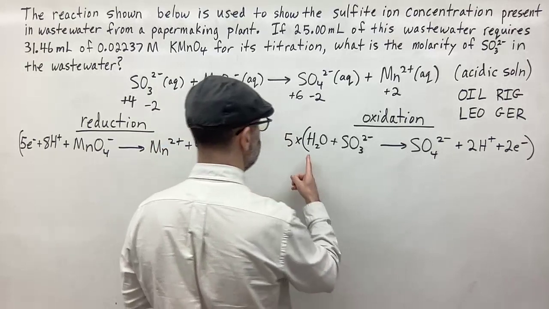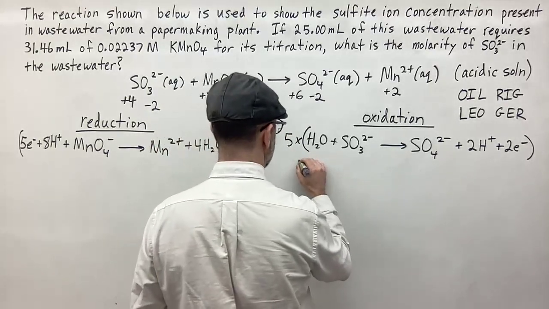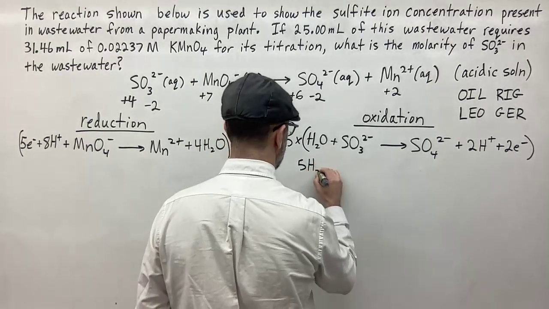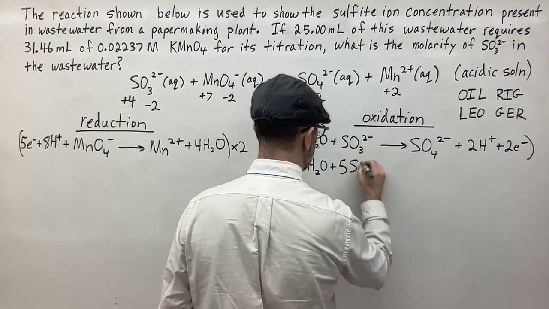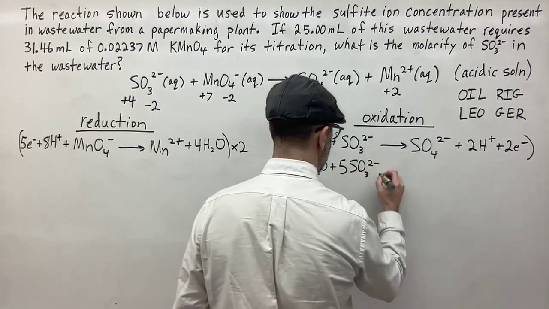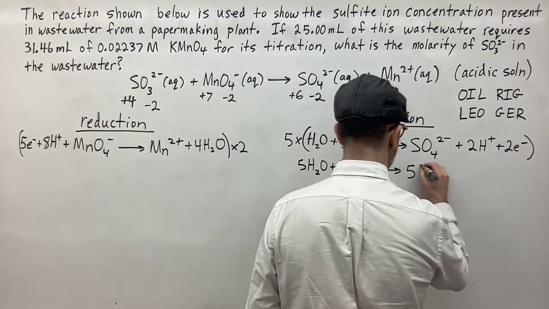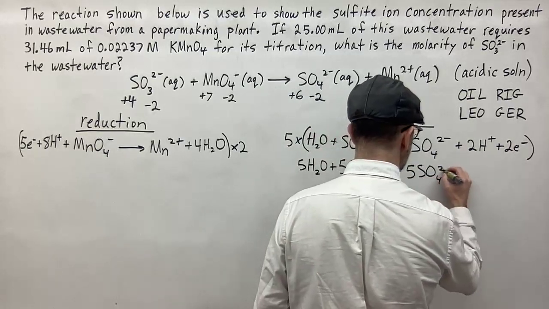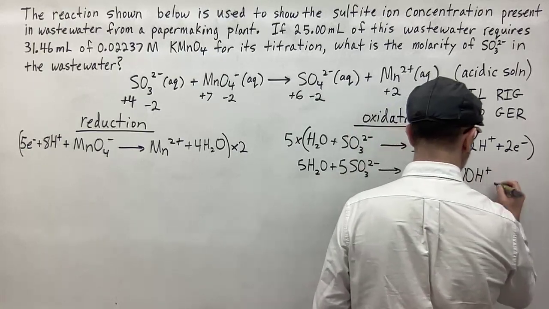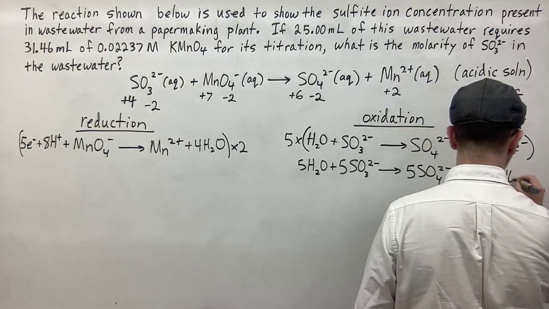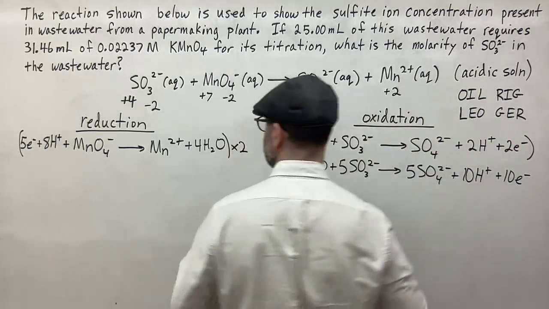So then here, if I multiply this by 5, I'm going to get 5H2O plus 5SO3 2 minus, giving 5SO4 2 minus plus 10H plus, 10 electrons. I do the same thing over here.